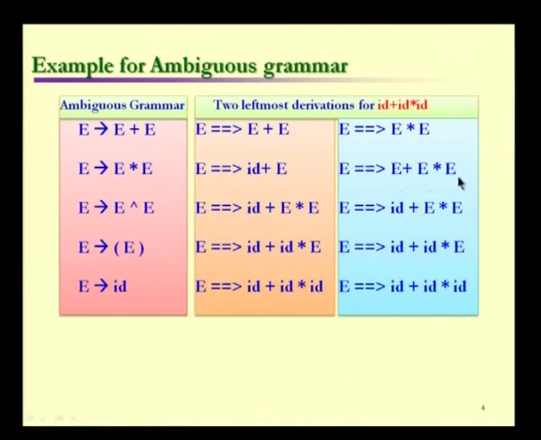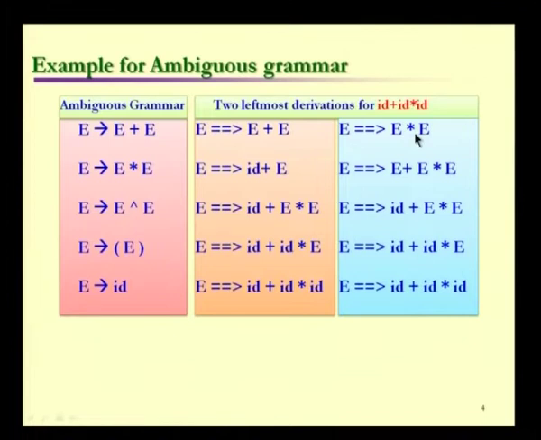Even if you construct a parse tree, the root is certainly going to have only one symbol, that is E, and in the first level we will have 3 nodes, E plus E in one tree, and here it is going to be E star E. That itself shows that the parse trees are going to be different.